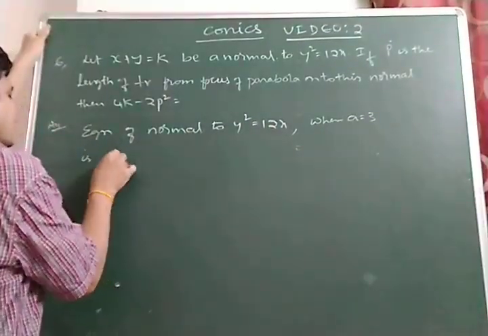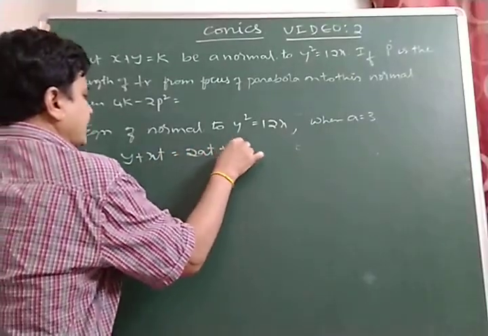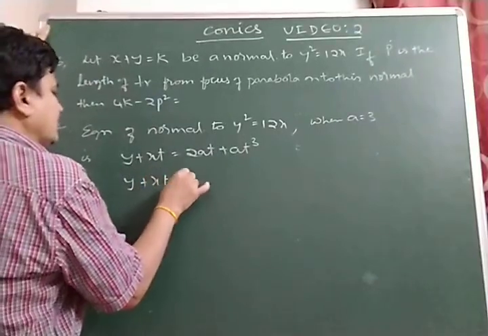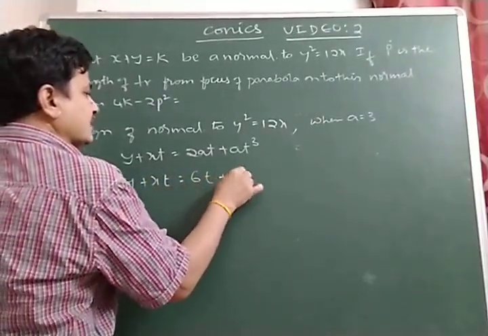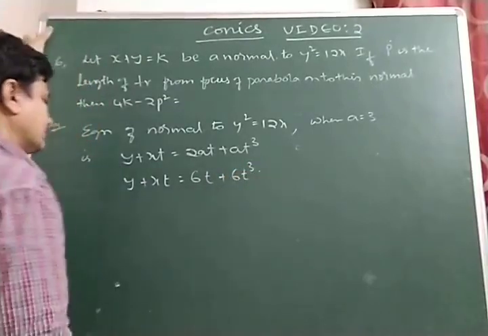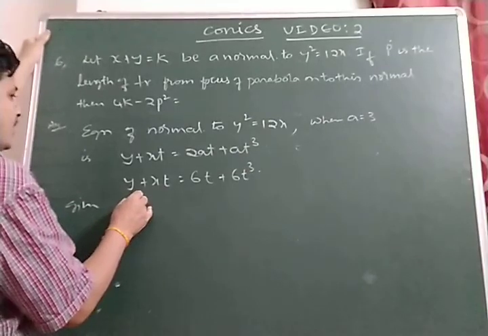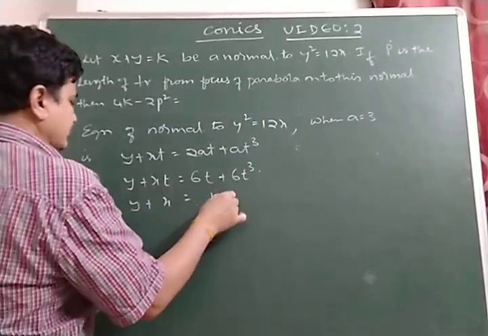The equation of the normal is y plus xt is equal to 2at plus at cube. So this is y plus xt is equal to 6t plus 6t cube. The given normal is x plus y is equal to k.